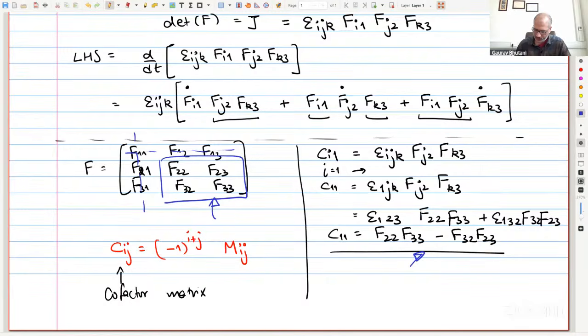So what we are seeing here is that although I was writing the matrix here, this is the cofactor determinant. So let's use a tilde on top of this just to differentiate the matrix with the determinant. So this cofactor determinant can be written using this expression.